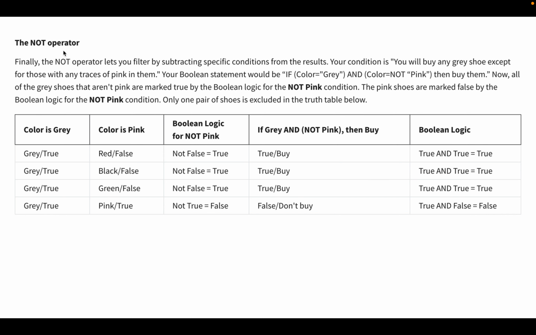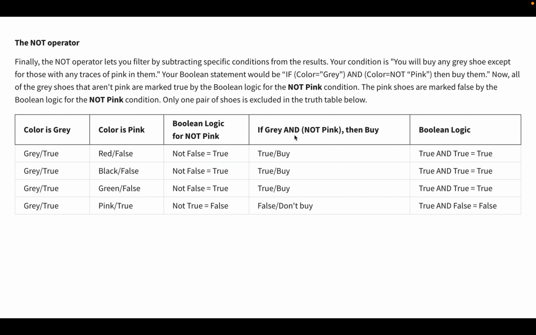And the not operator. Not is only one item, right? Look at this. Color is gray, so gray true. Color is pink true. The other three are false. Boolean logic: not pink is true, right? So not false, true. Not false, true. Not false, true. Not true, false. Understand?